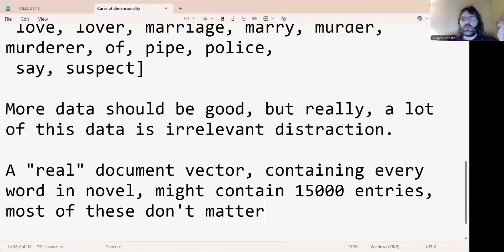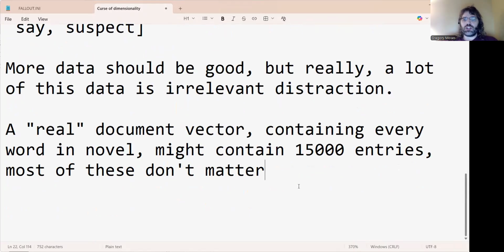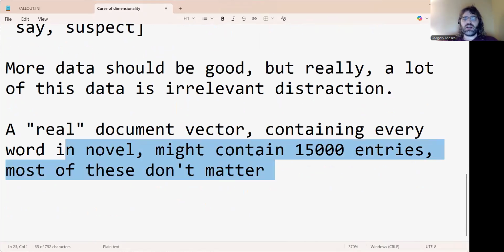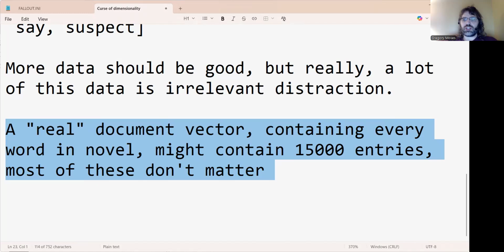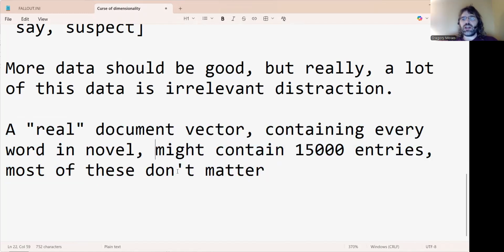So what we would like to be able to do is take a document vector like this and reduce its dimension. Instead of having 15,000 entries, we want to whittle that down to 10 entries or 100 entries maybe, but much less than 15,000.